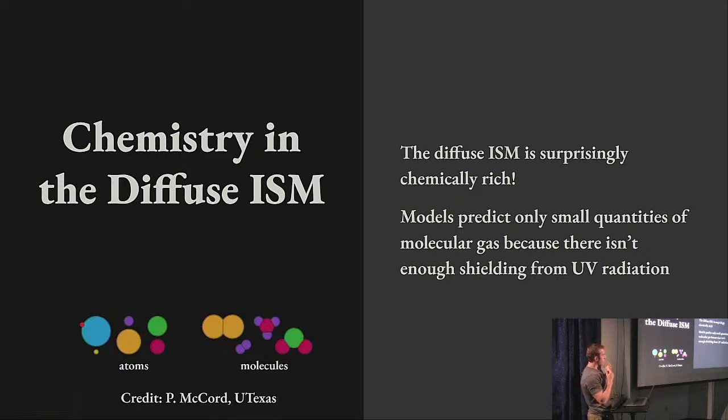So until you have something like a molecular cloud, which is dense enough to create a shield from the ultraviolet radiation to protect molecules deep inside the cloud from being broken apart, you're going to have this destruction of molecules, or so people thought. But there's not nearly as much shielding to protect molecules in the diffuse ISM, so it's thought that they should be mostly destroyed.